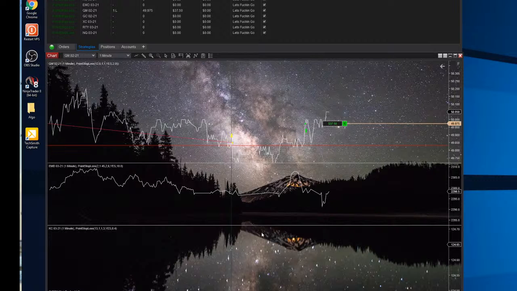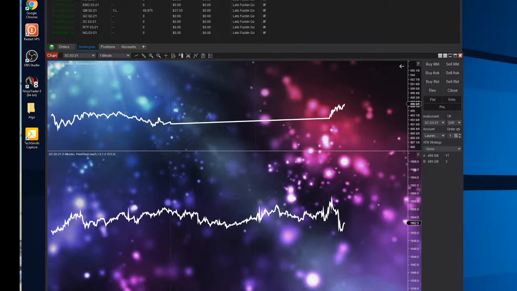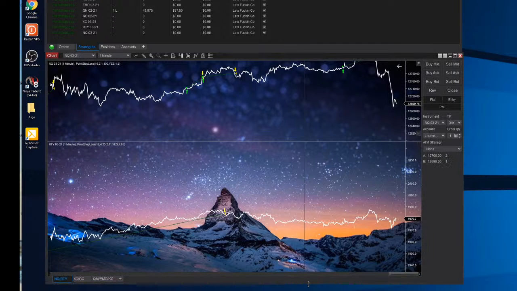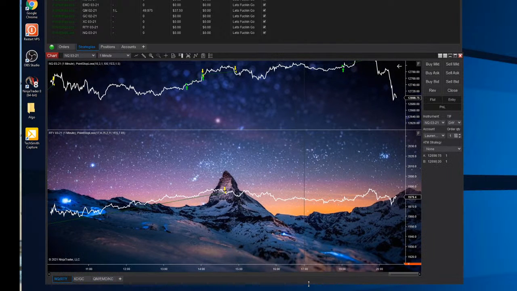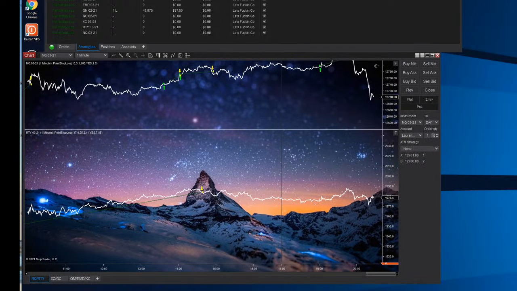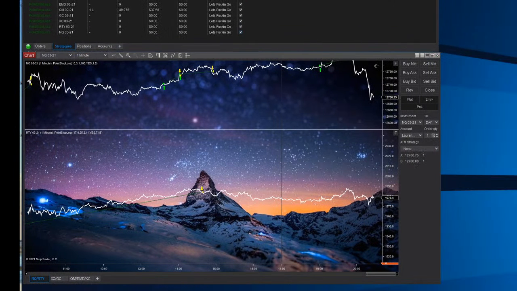So this is my setup. I have 3 tabs with 3 different pictures because I'm so extra. I can smush them a little bit. I am in a VPS space, so that is what you see in the background here.